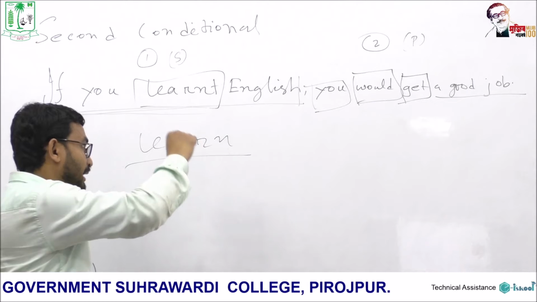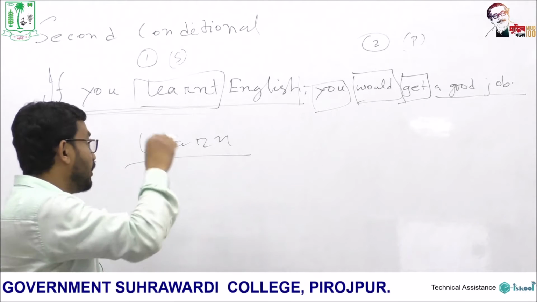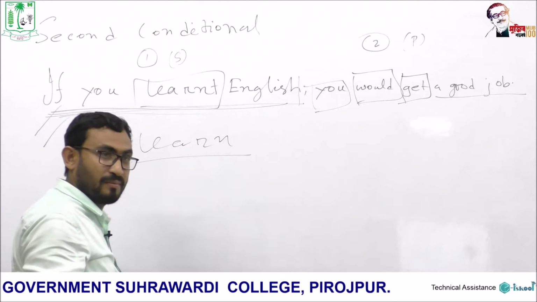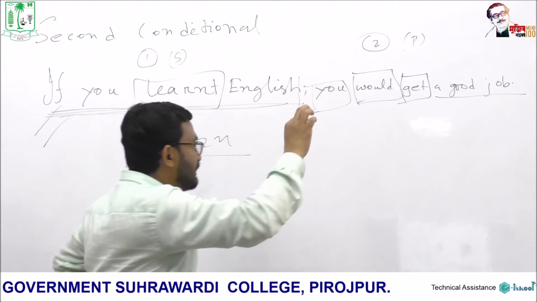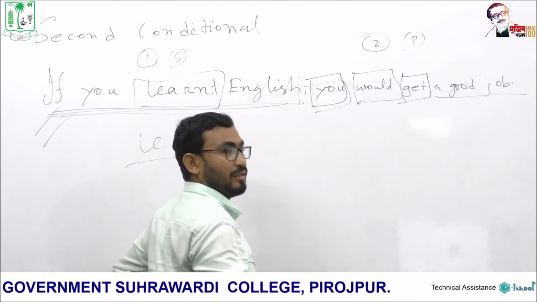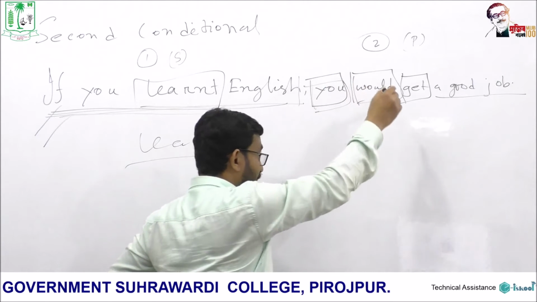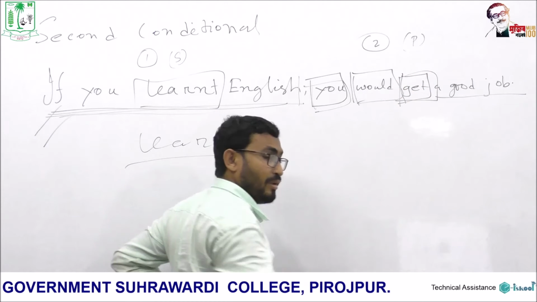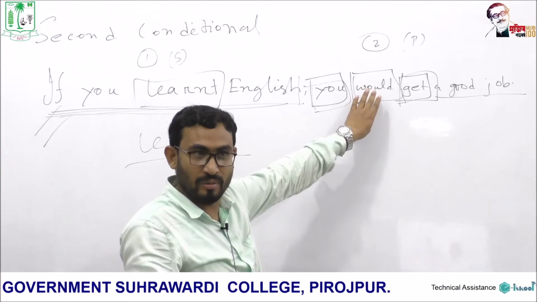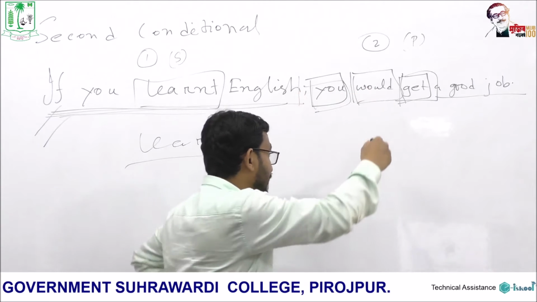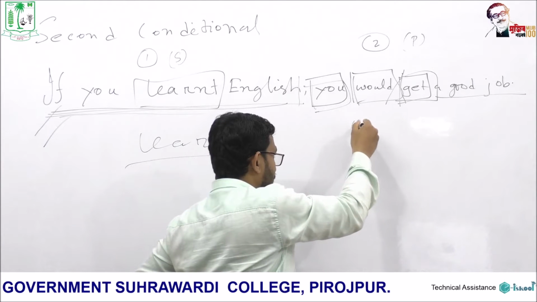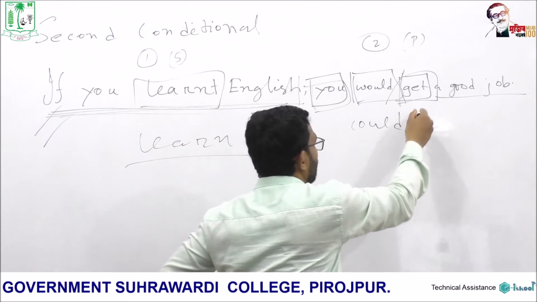That is, in second conditional, the if clause is written in past tense, and in the principal clause you have to write the subject first, then you have to use would, then the base form of the verb. But bear in mind that you should not always use would. There are alternative words. In place of would, you can write could or might.